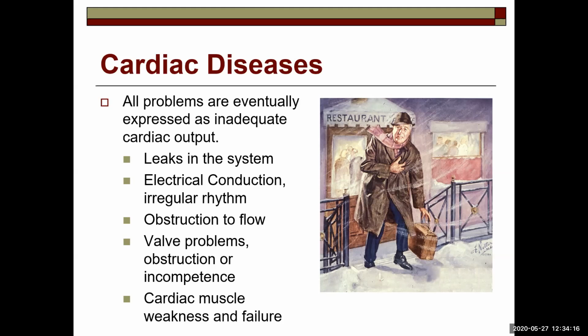Most heart conditions are related to inadequate pumping of the heart and not expelling the right amount of blood. So you could have a leak in the system, any type of bleeding, most often in the blood vessels, maybe.